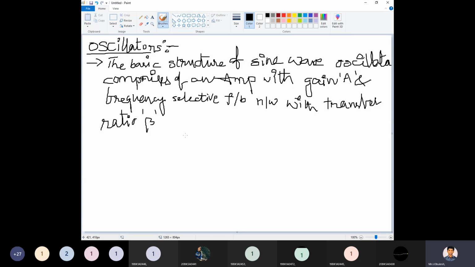So the basic structure of a sine wave oscillator comprises an amplifier with gain A and a frequency selective feedback network with transfer ratio beta.